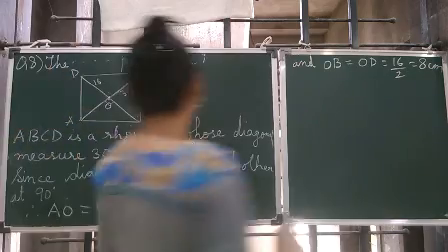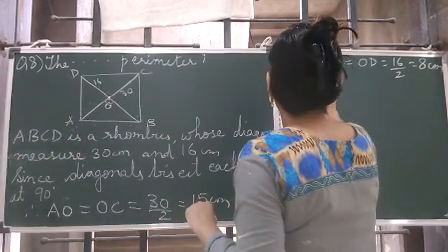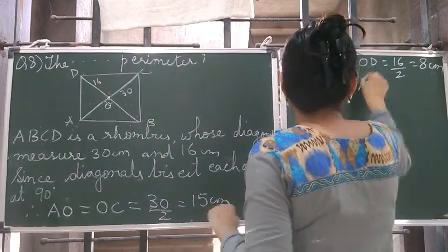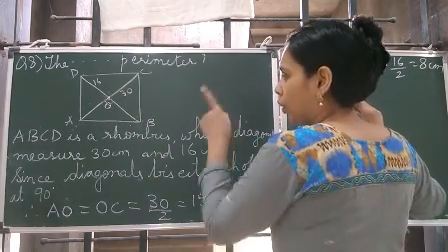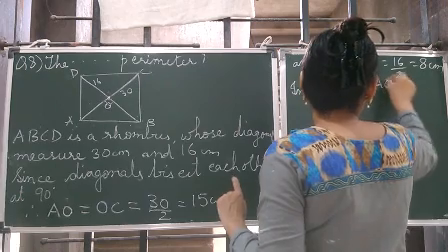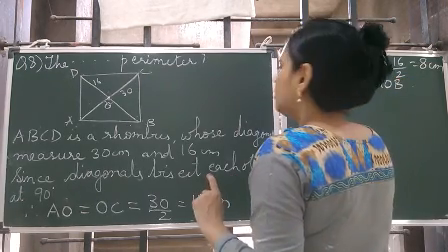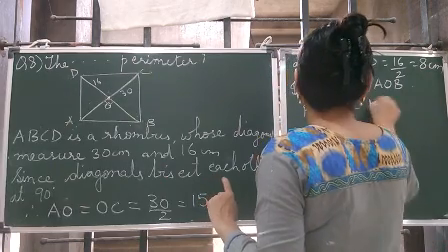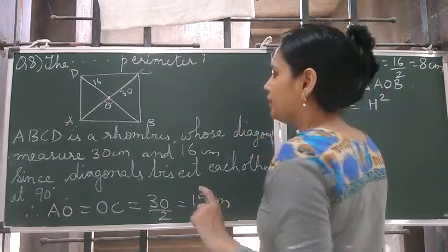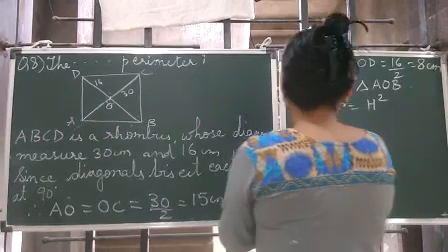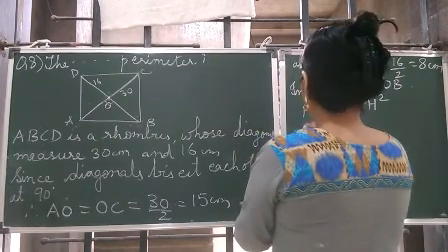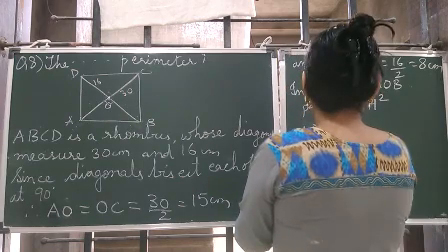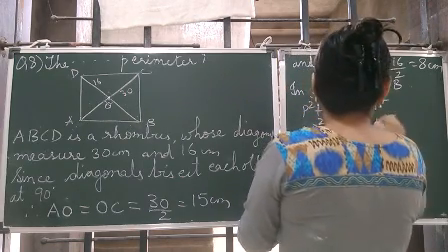Now you take any right triangle, right triangle AOB, you can take any. P square plus B square is equal to H square. P square means AO square, base is OB square, is equal to H square.